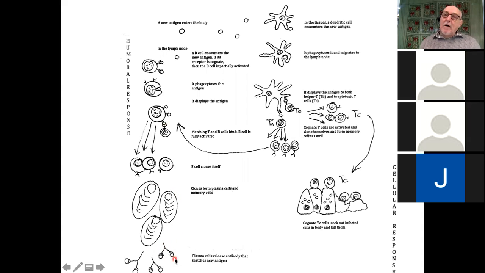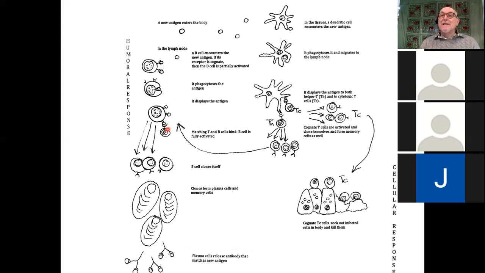So what is going to happen now? Well, that antibody is going to go into circulation and it's going to start reacting. But what does it react to? It reacts to exactly the same epitope. Exactly the same epitope as the T cell reacted to, exactly the same epitope as the B cell bound.